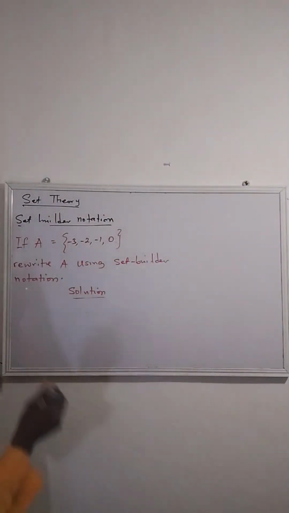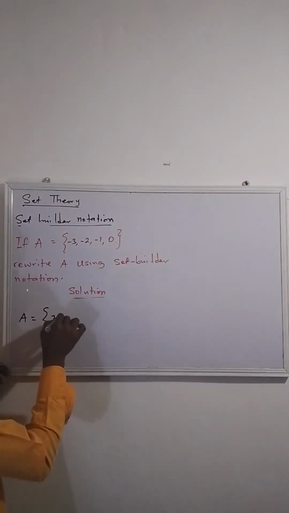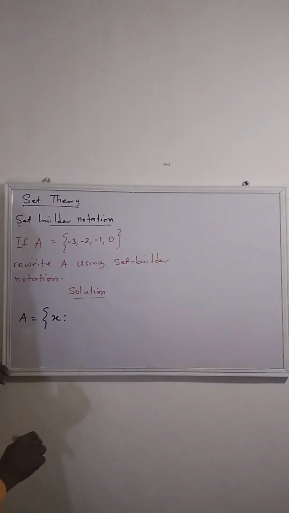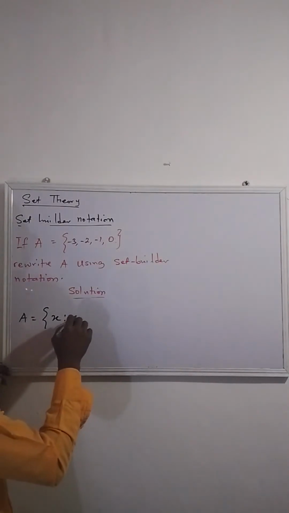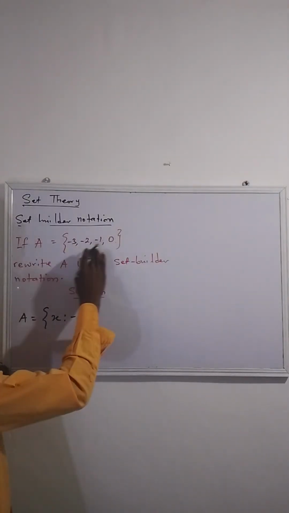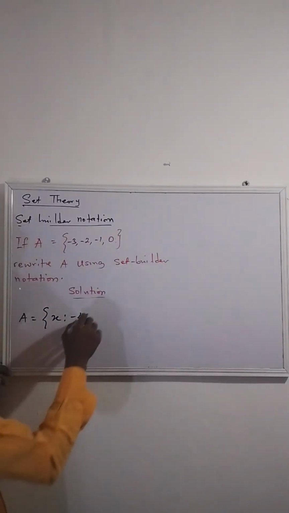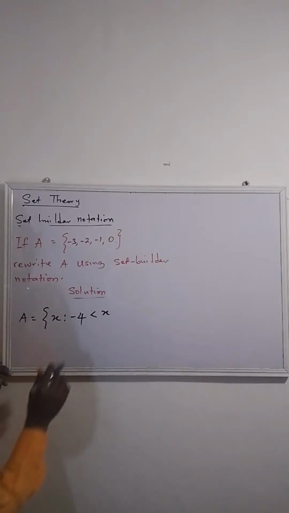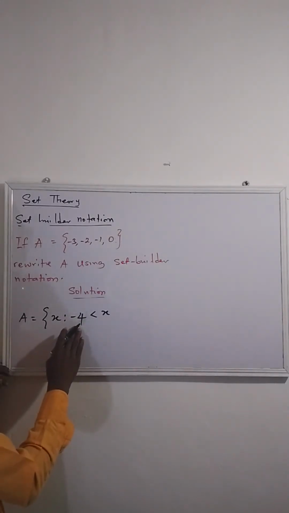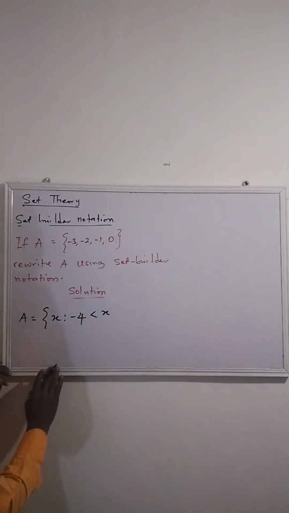So now, I can write A is the set of x, set of integers that are greater than -4. All of these are greater than -4. Sorry, -4 is less than all of these, so that is what I wanted to say.